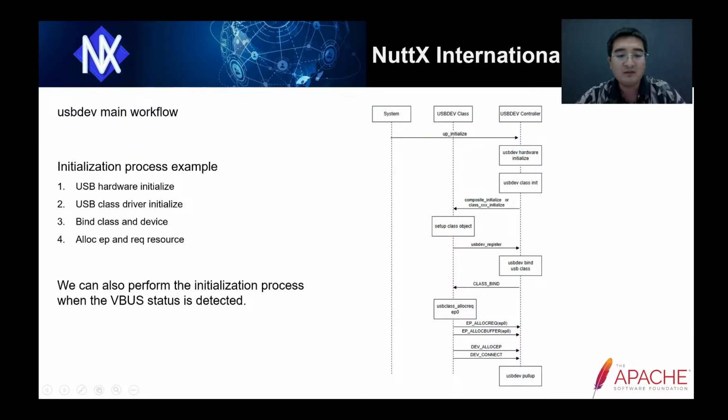Finally, execute the pull-up function to enable the connection between the device and the host. Of course, this init process can be carried out through other trigger conditions. For example, on a device with VBus detection, this process can be executed in the interrupt routine of VBus detection.